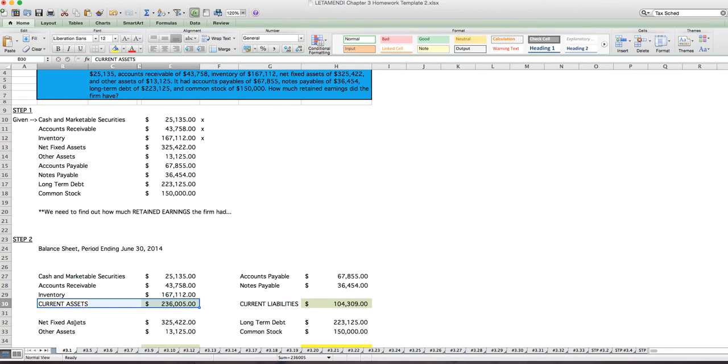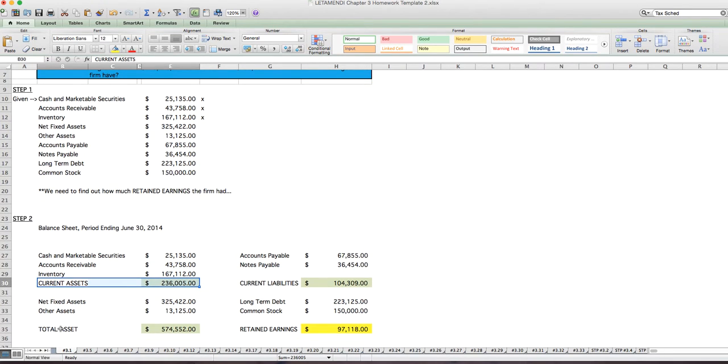Next, we need to identify the total assets, right? So the total assets is going to be the net fixed assets, which we have given, so we can cross that off. Other assets, and just so you know, I pre-typed all of this because this was not going to be an hour-long video. I hope it's not an hour long. So other assets, we have that from above, given.